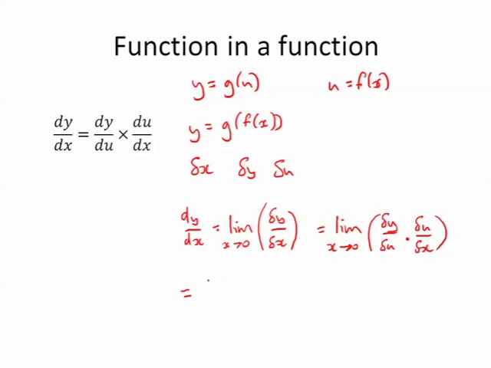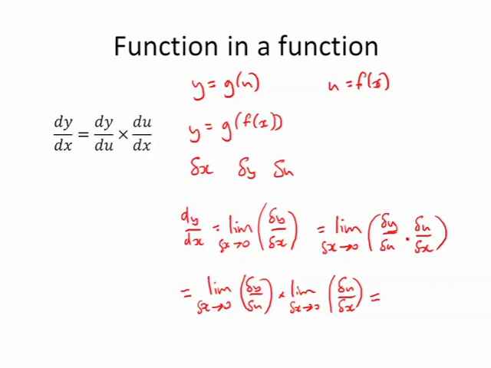That is to say, it's the limit as delta x approaches 0 of the first thing times the limit as delta x approaches 0 of the second thing. Now, that in itself, I haven't explained the step, but just go with it for now. If you're interested in why it works, you can ask your teacher or Google it.